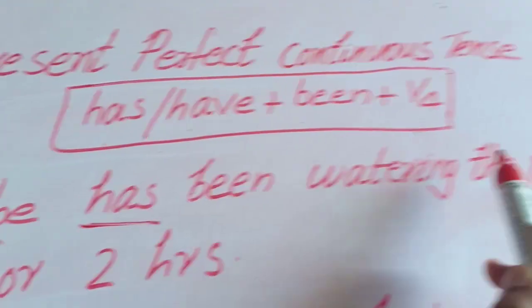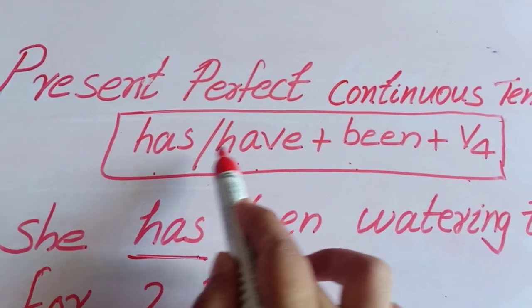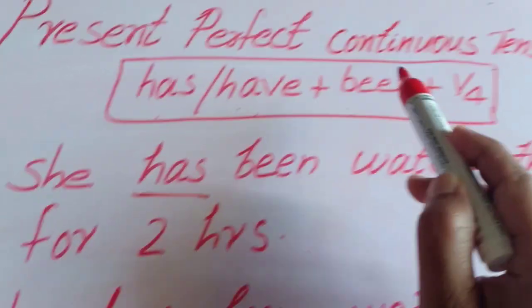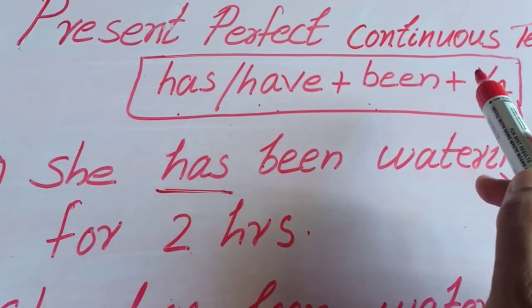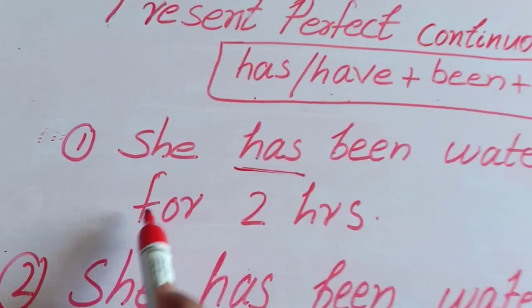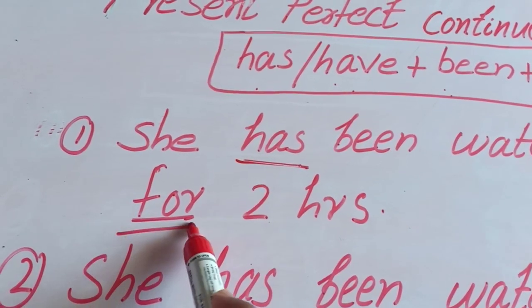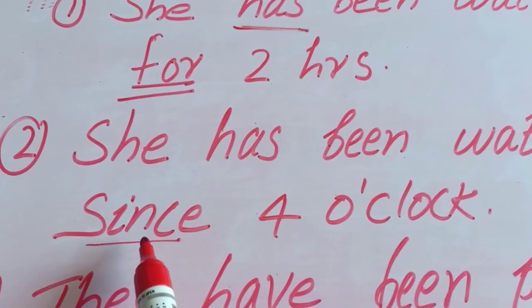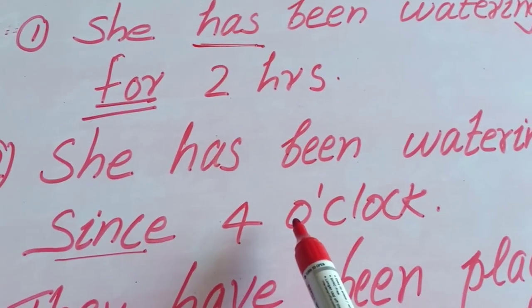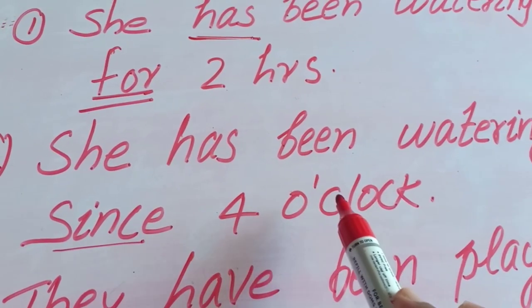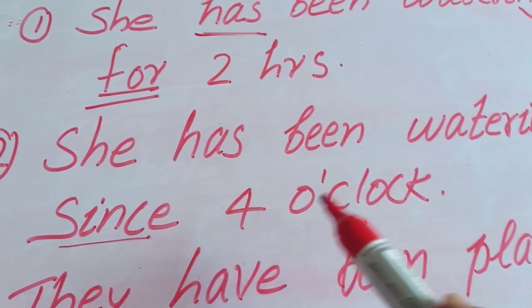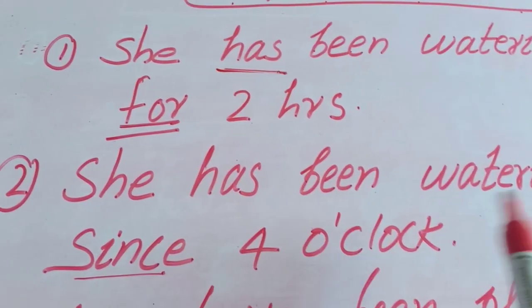So, in present perfect continuous tense, the format is has or have plus been plus V4. But another thing you should remember is period of time and point of time. If a period of time is given, you should use for, and if the exact point of time is given, we should use since. It may be 4 o'clock, July 14th, Monday, or 1999. That is a point of time.